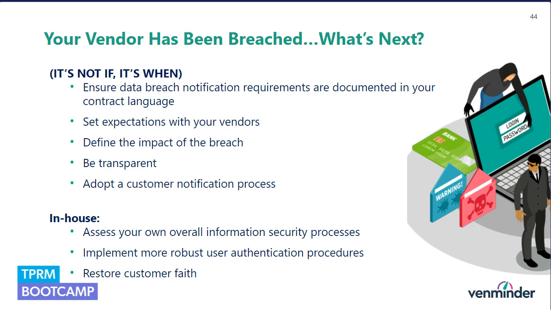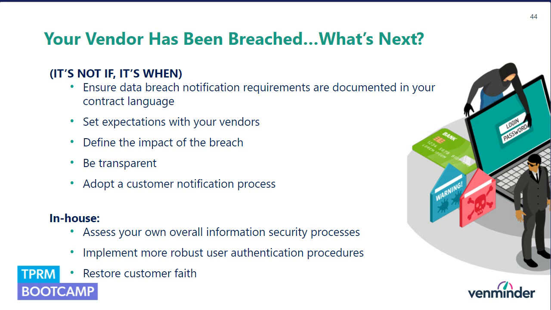If the vendor is unwilling to cooperate, then you have bigger issues and should reconsider that partnership. This type of post-breach activity should be defined in your contracts. When you're writing up that contract language, you want to lay out your expectations and make sure that you and your vendor agree on them so that there's no gray area if the worst happens.